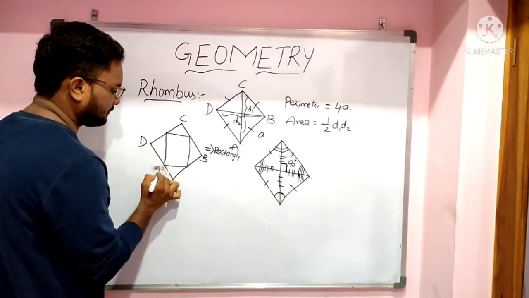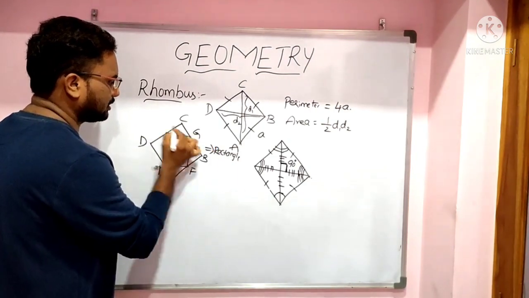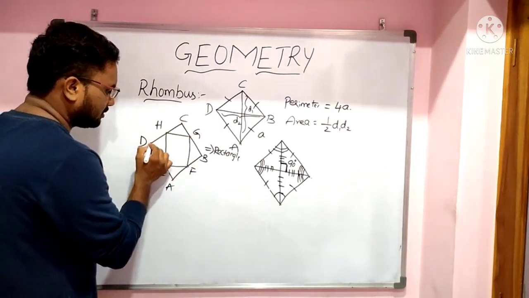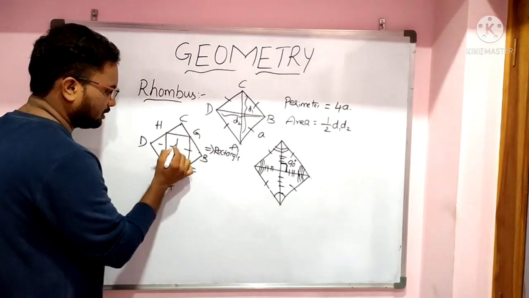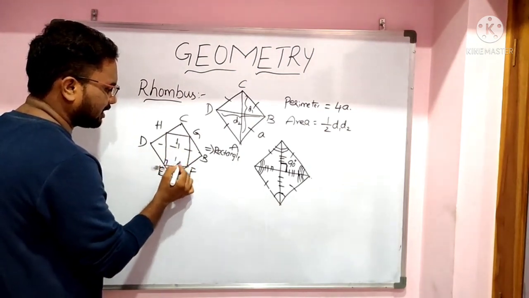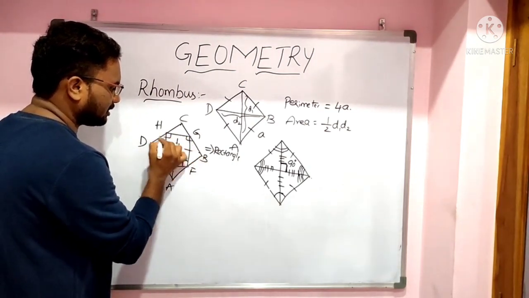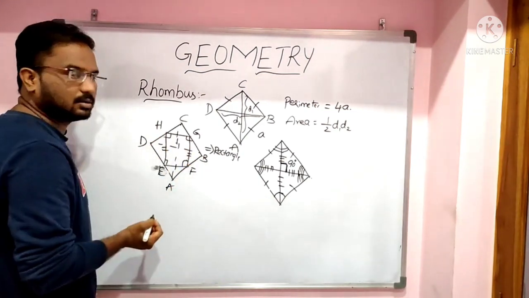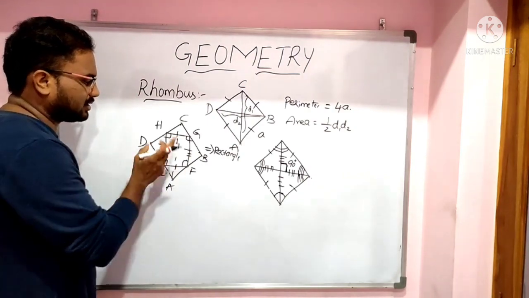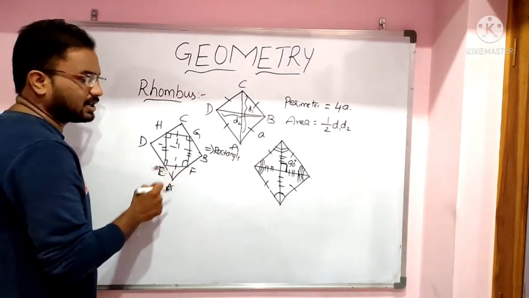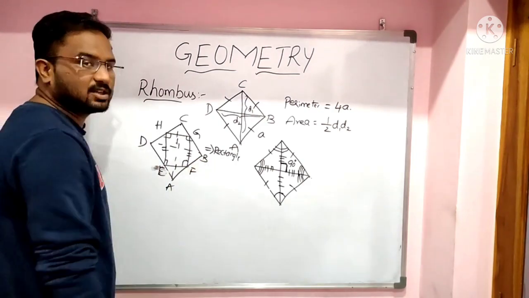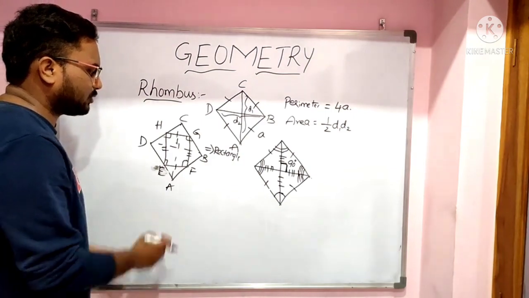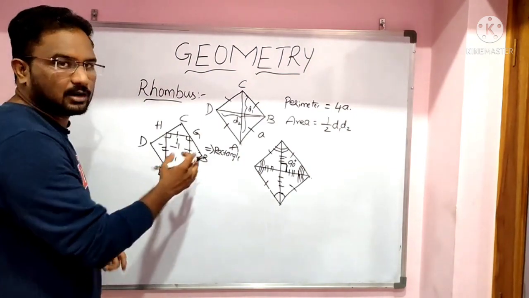Let us say this is E, F, G, H. EFGH is a rectangle, because here this angle is 90 degrees, hence this angle will be 90 degrees. This is 90, this is 90. And these two sides are equal. So if the opposite sides are equal and each angle is 90 degrees, then it is a rectangle. So EFGH is a rectangle. So in a rhombus, if the midpoints are joined, then the figure formed is a rectangle.